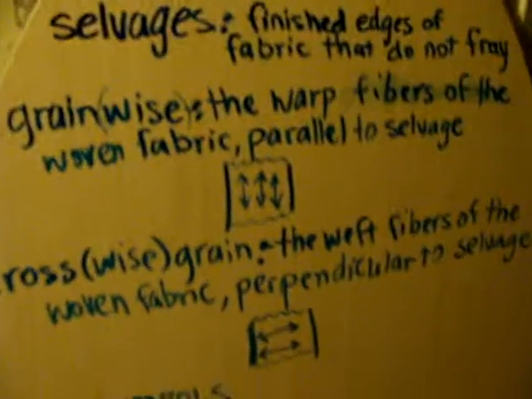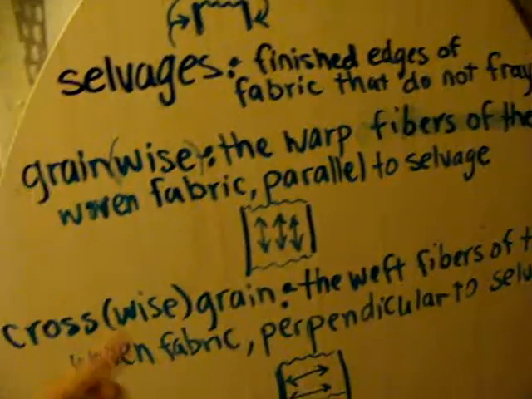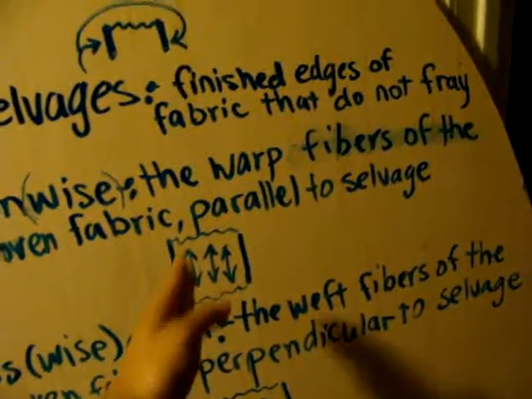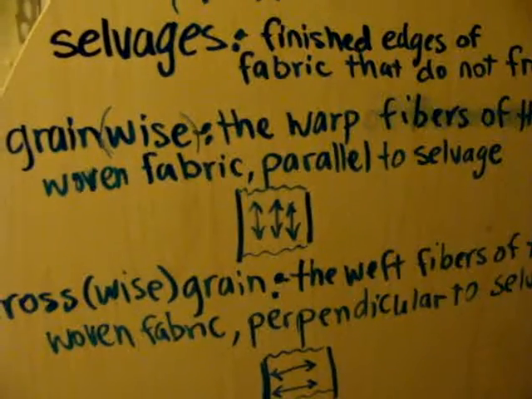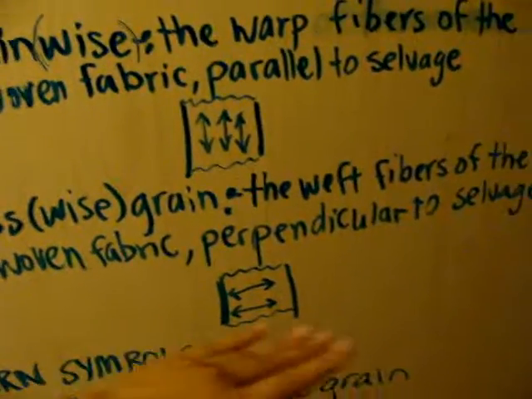There are a couple of terminology terms I want you to think about. One is selvage, which I just explained: the finished edges of the fabric that do not fray. Those are the outside edges. Grain-wise is the fibers of the woven fabric that are parallel to the selvage. They run up and down, and they're usually pretty tough. Crosswise grain is the weft fibers that are perpendicular to the selvage. So if I lay out this fabric I'm going to use, I have a lot of it.